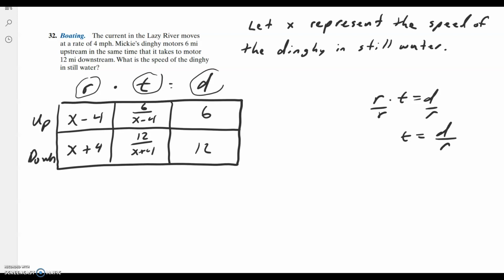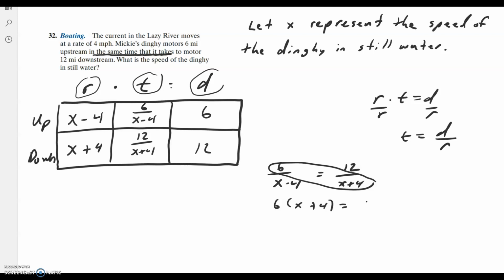And it says the two times are equal to each other. It says in the same time that it takes. So we have 6 over x minus 4 equals 12 over x plus 4. We can cross multiply and set the cross products equal to each other. So we have 6 times x plus 4 equals 12 times x minus 4.